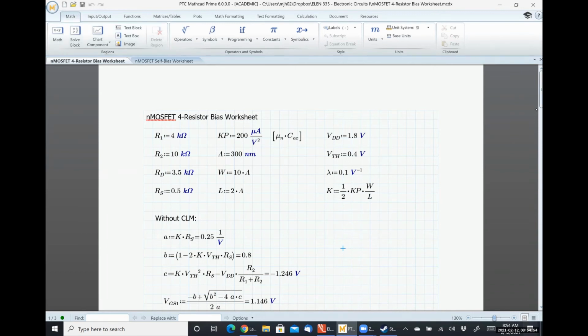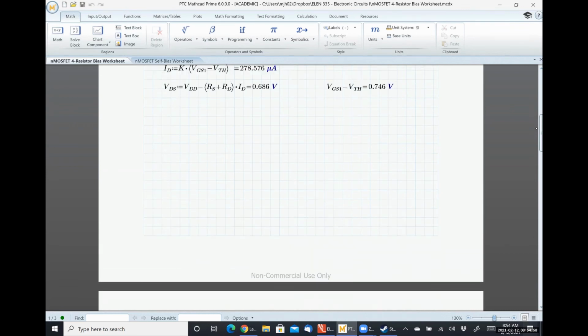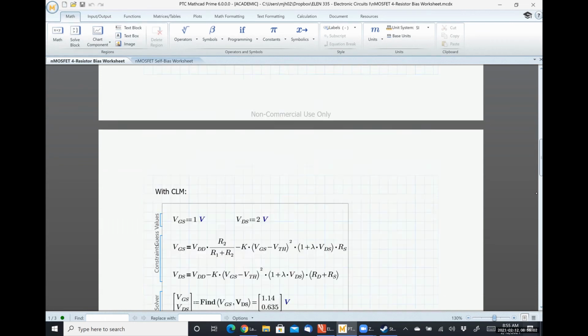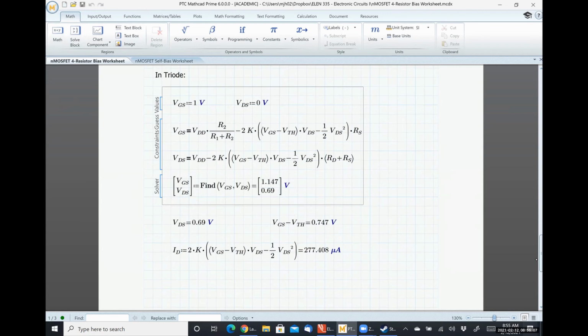So we got the exact same values and all that kind of good stuff and saw that VDS was less than VGS minus VTH. So let me come down here to the bottom where I have my triode situation. Just simple 2 equations, 2 unknowns.